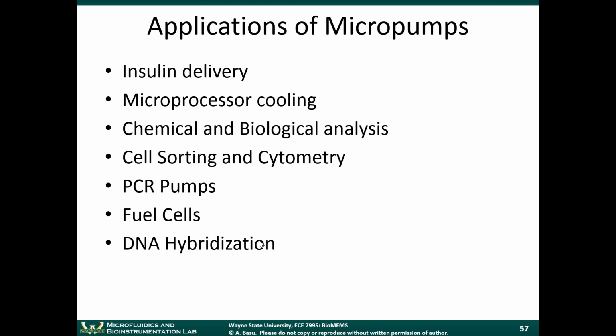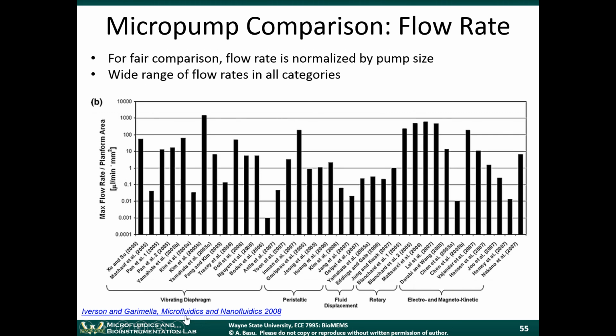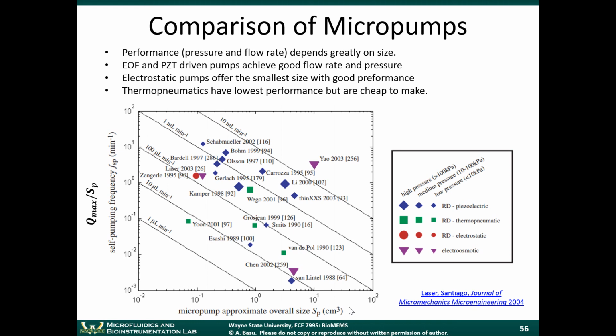If you're interested in learning more, this is a decent review article on micropumps. This is also one. These are the two well-known review articles. And there are more recent ones too. A lot of the more recent review articles are on specific micropumps for specific applications.